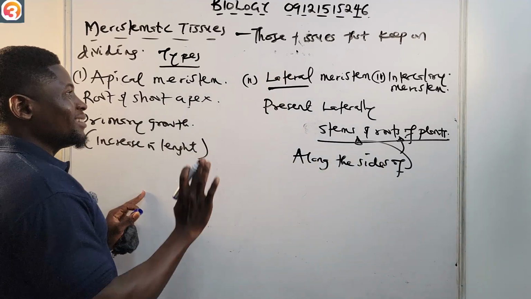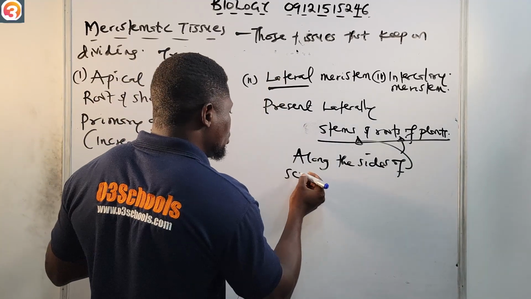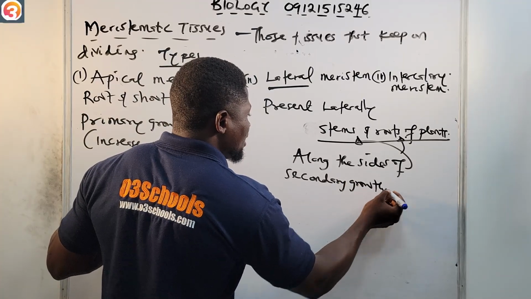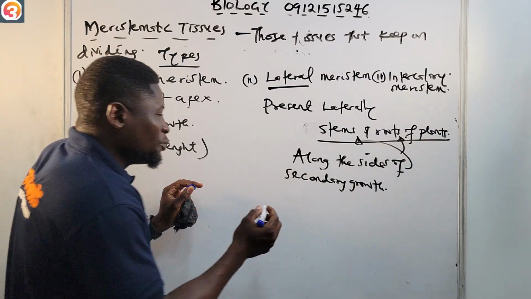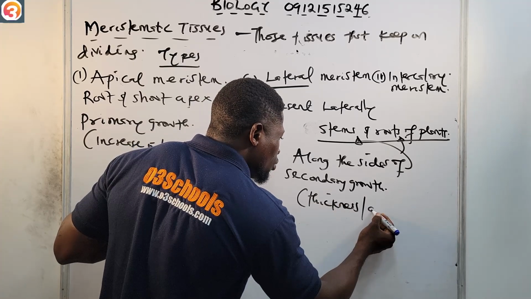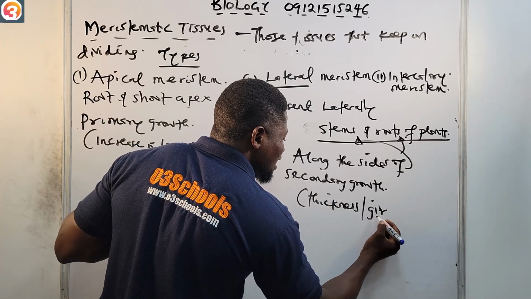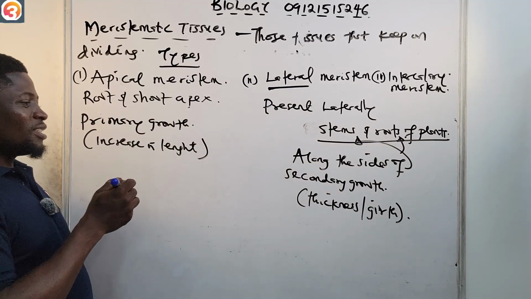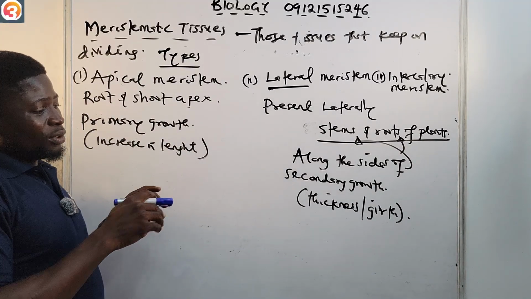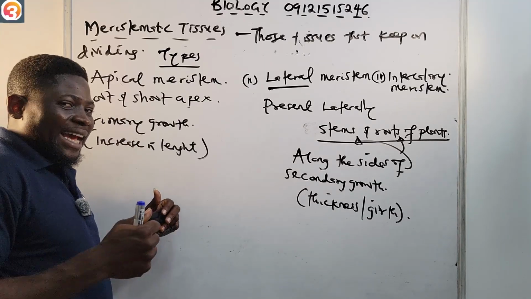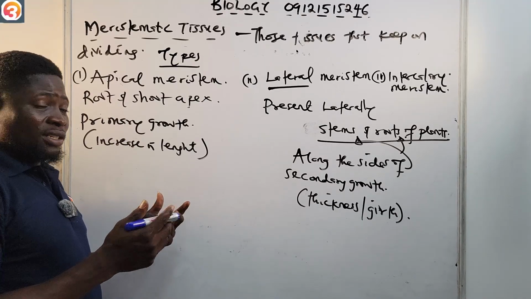Lateral meristem is responsible for secondary growth, and by secondary growth we mean increase in thickness, or the one we call girth. So they are responsible for secondary growth, increase in thickness and girth.